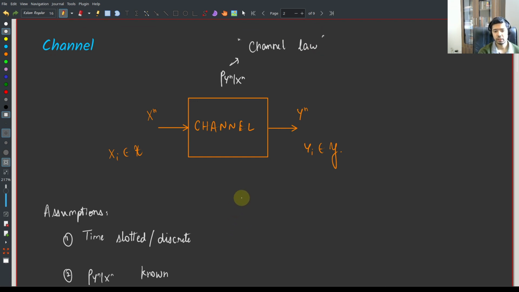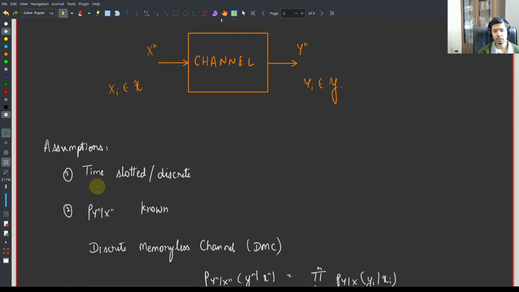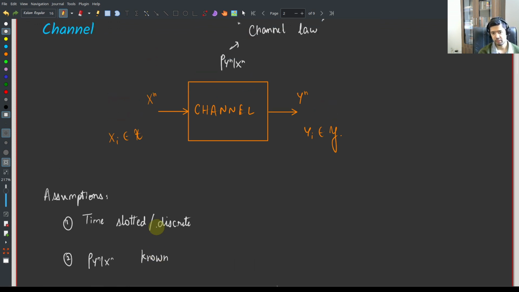All right. So the assumptions will be that time is slotted, so these are discrete time signals, and this channel law is known to us. We'll make some more simplifying assumptions as we go along. But this is going to be our basic model for the channel. So it's a random black box which introduces some randomness to the system.